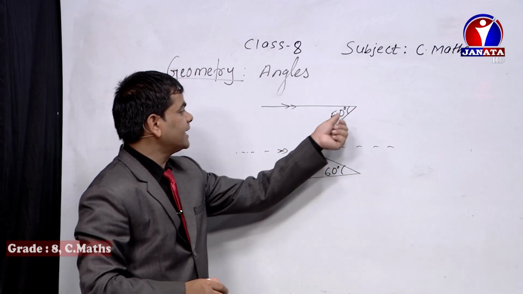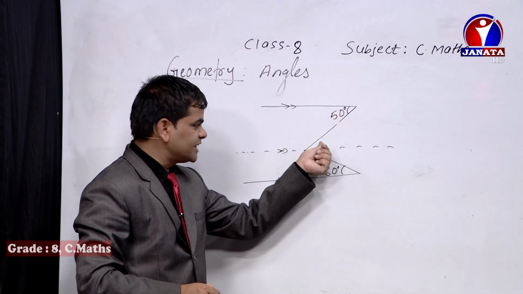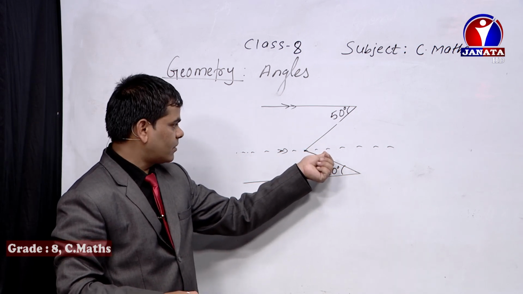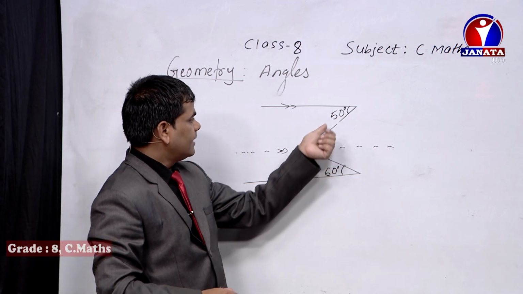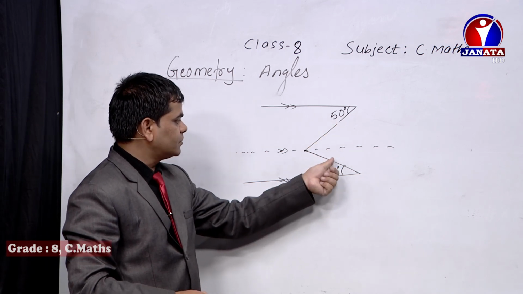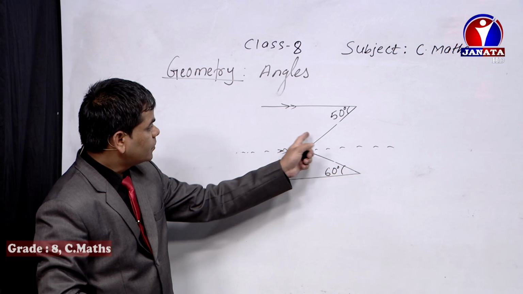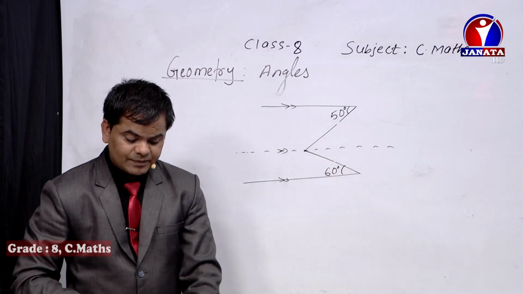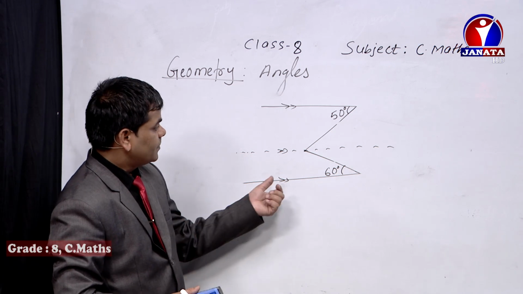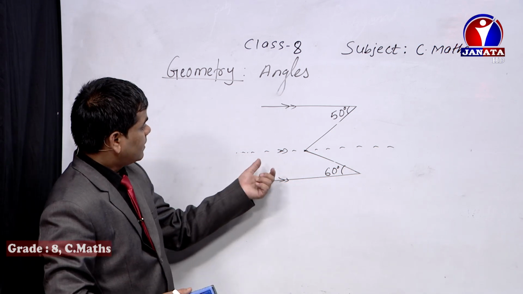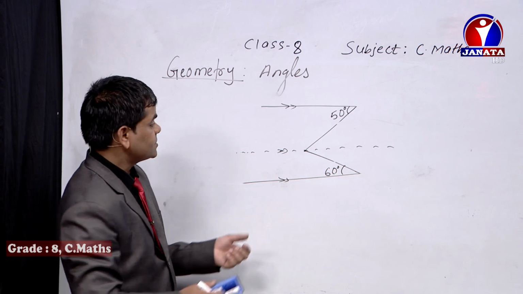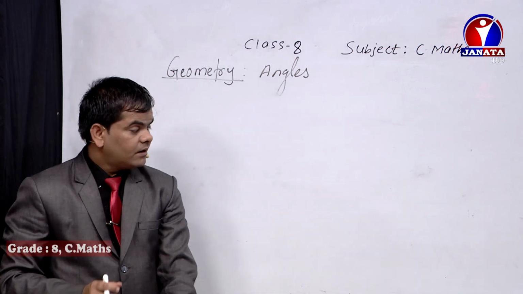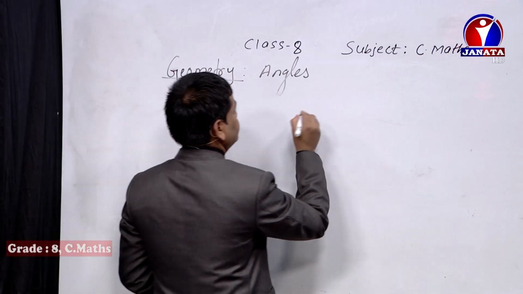Suppose this one is A or B, and this one is B or A. So in that way, by making alternate angles to this one and this one, you can find out the answer. Altogether it will be this side 50 degree, this side 60 degree. I hope you have understood this one, and please try this question yourself just after completion of this class. Again, let's take another question, dear student.